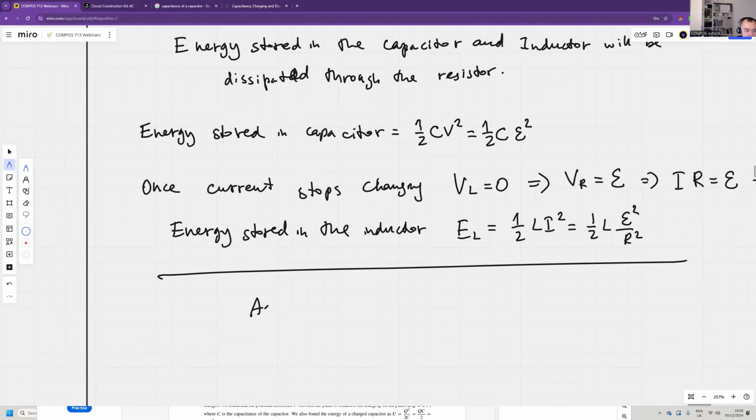So the answer is 1/2 C EMF squared plus 1/2 L EMF squared over R squared.